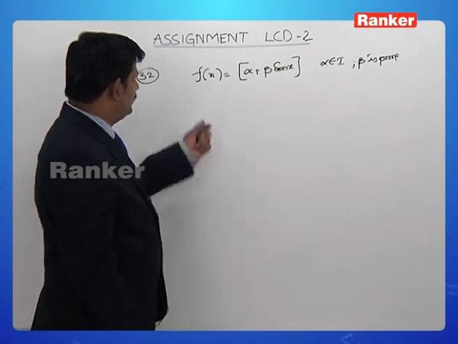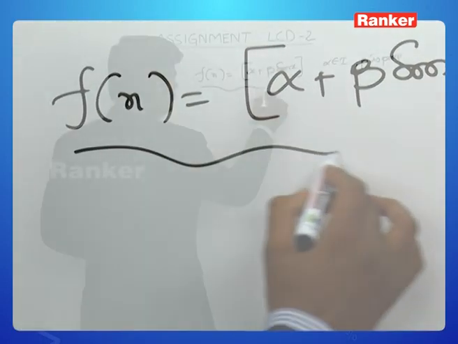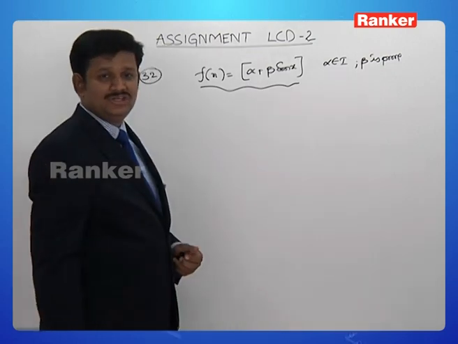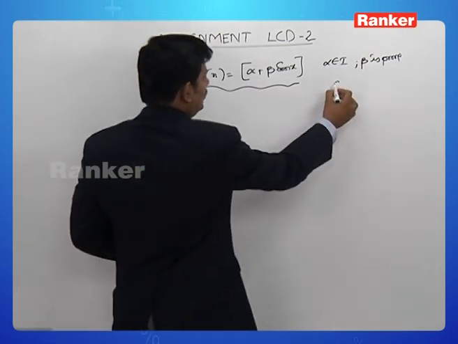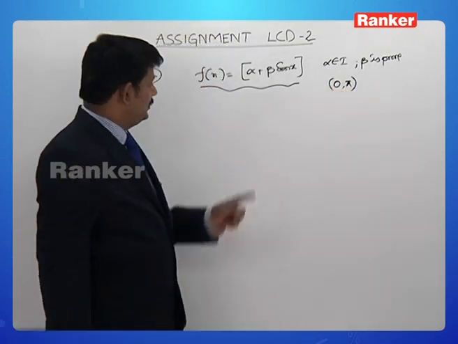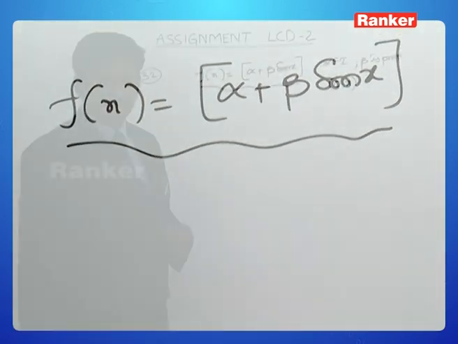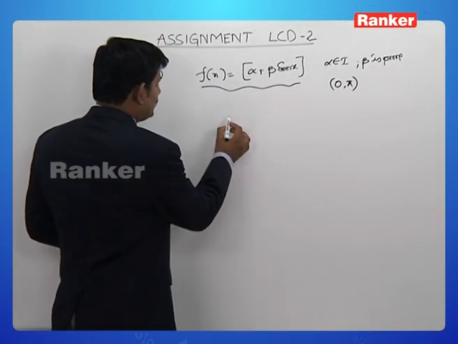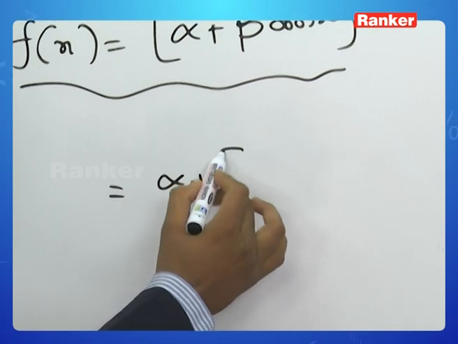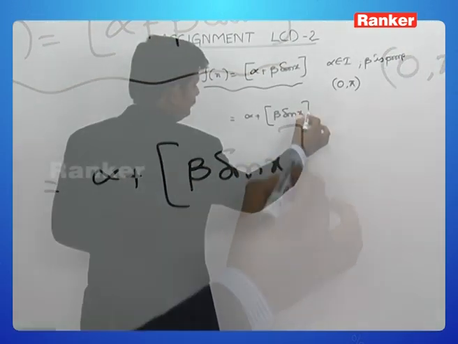we need to find the number of points at which this function is non-differentiable in the open interval 0 to pi. Now, because alpha is an integer, we can bring it out of the integral part. f of x can be written as alpha plus greatest integer function of beta sin x.